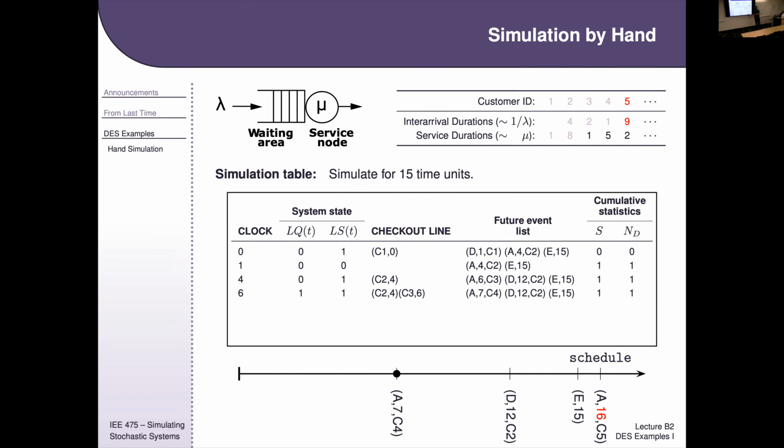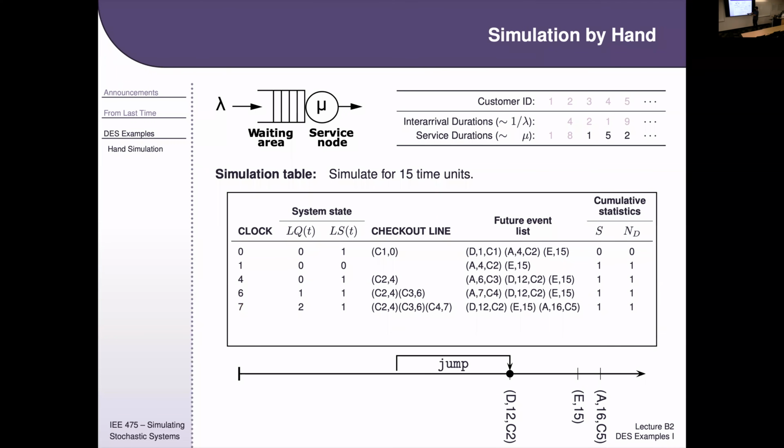Because we processed an arrival, we have to schedule the next arrival. So we schedule C5 based on that inter-arrival time. In this row, our future event list, we just pop out that arrival and replace it with a new arrival. We add one to the checkout line, and that's it. Bob's your uncle.